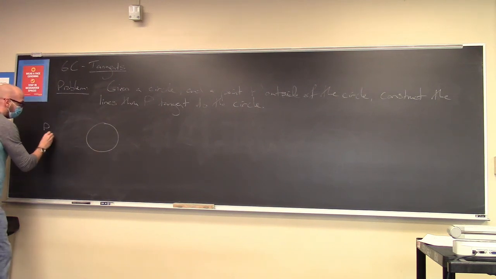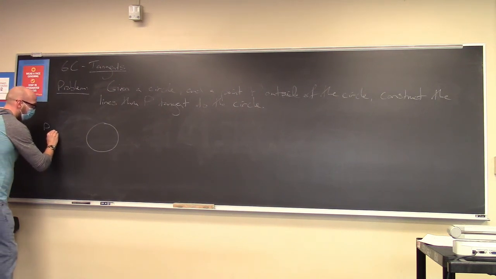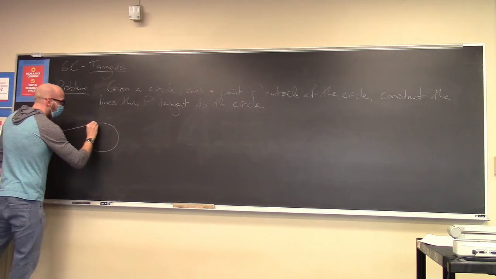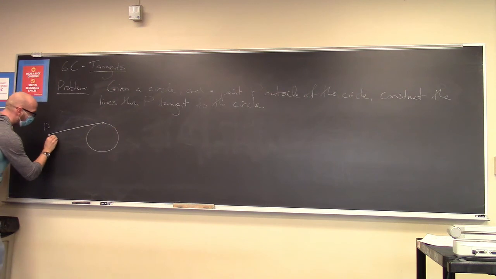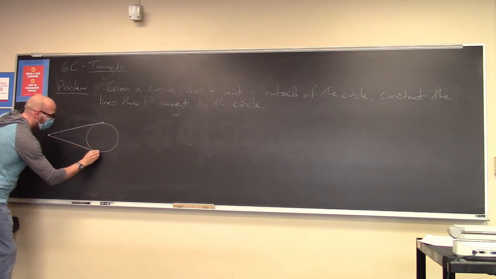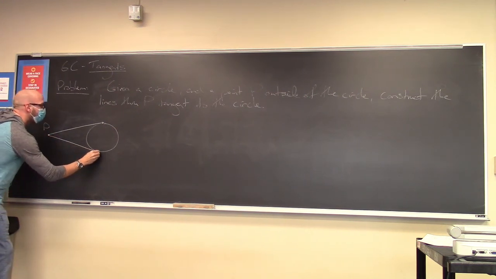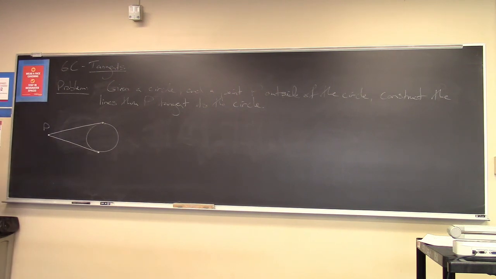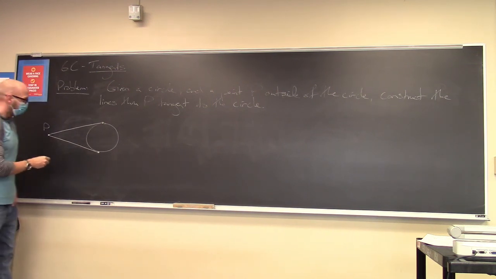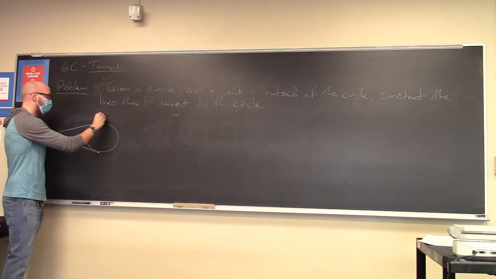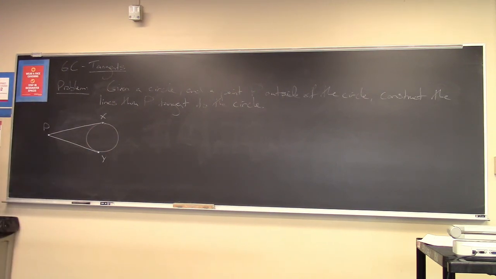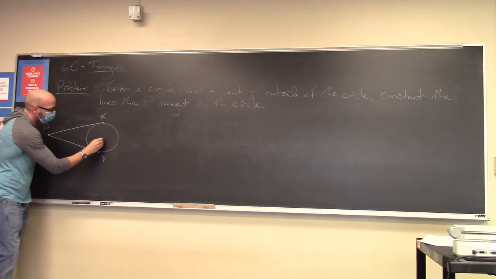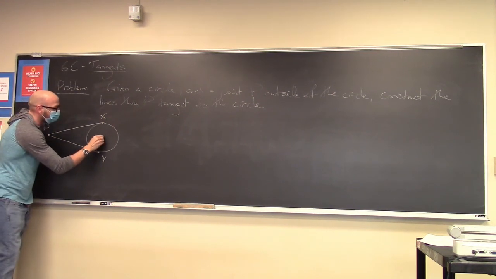So let's say I've built these already. Here are my two tangents, 1 and 2. I don't really care what we call these, call them X and Y. These are the points of tangency. And let's come in here and have our circle center as well.